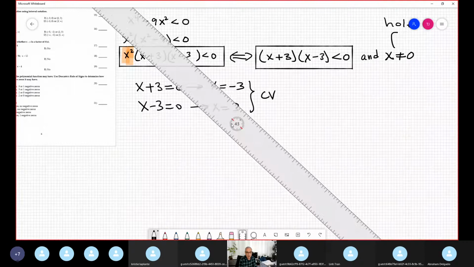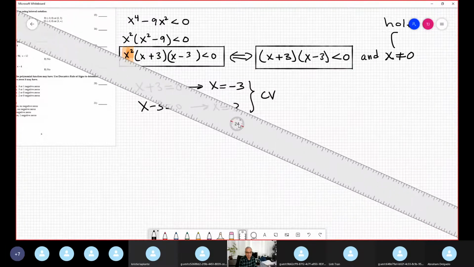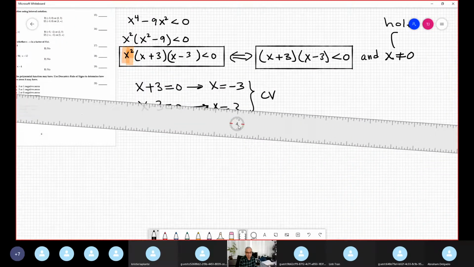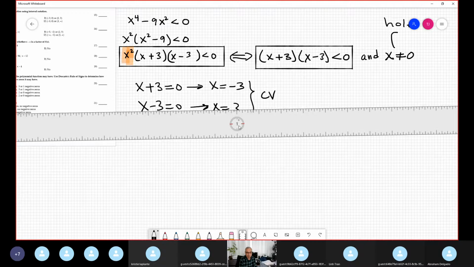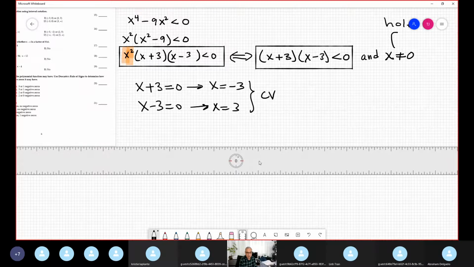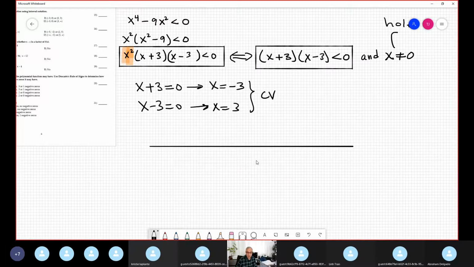This is the whole real number line, a horizontal line. This line represents all real numbers, from negative infinity to positive infinity. Actually, we investigate different intervals, and the critical values are -3 and +3.